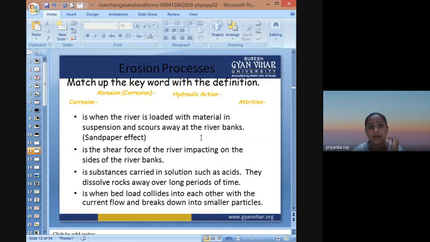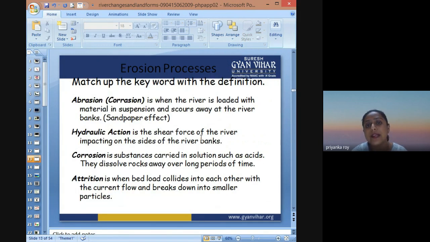It carries substances in solution such as acids, which dissolve rocks away over a long period of time. Bedload collides into each other with the current flow and breaks down into smaller particles.